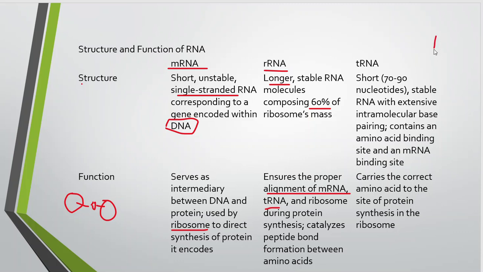tRNA, this guy looks kind of like that. And here they've got a set of nucleotides called an anticodon. That's the one that's going to match up with that section of the mRNA. So if this were AUG on the mRNA, then that would be UAC up here.